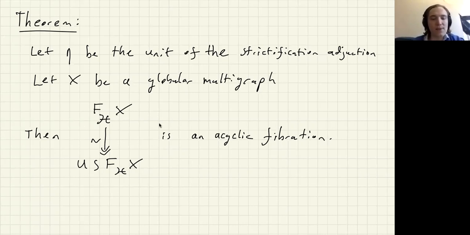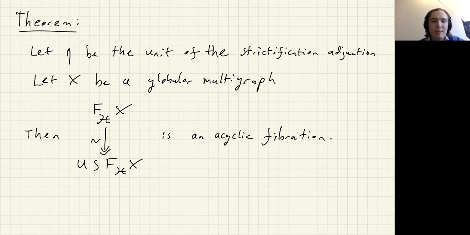And it turns out that this map is actually always an acyclic fibration. In this case, the correct notion of acyclic fibration is to look at those globular multigraphs, those presheaves on a direct category, where there's always a canonical notion of acyclic fibration, which just says that whenever we have the boundary of a shape, then we can find a filler.